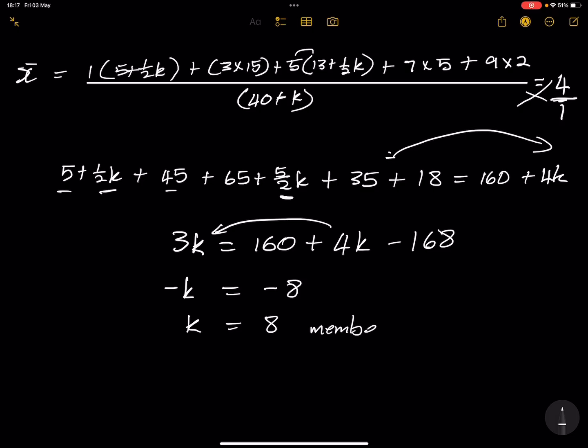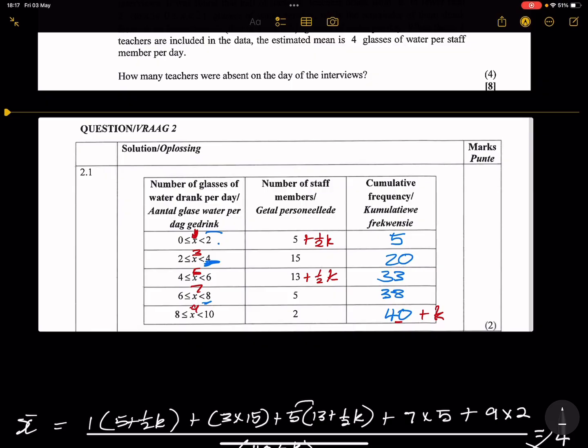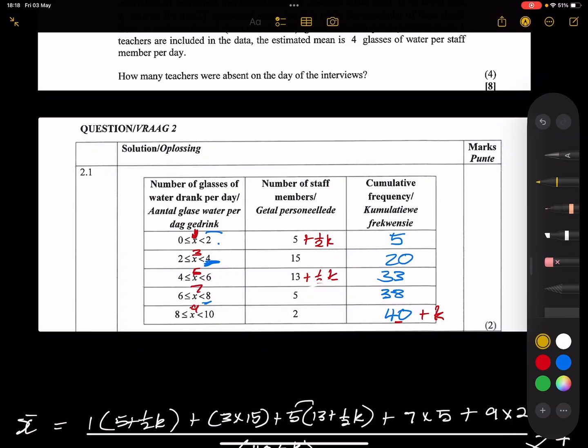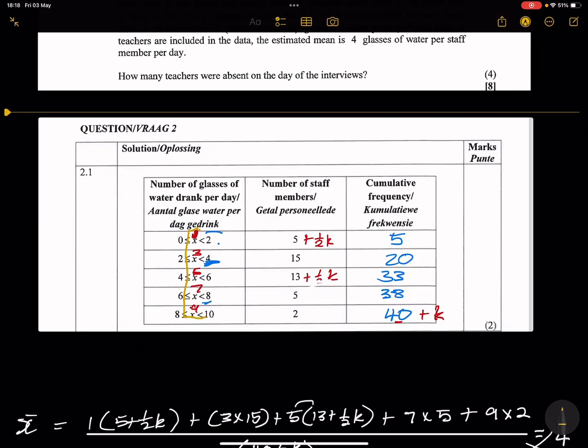And there we go, ladies and gents. So for you to keep in mind, every time that we want to calculate the estimated mean, you'll always take the midpoint between your class values, and then you multiply the midpoint by your data, whatever data you've got there, and you take the sum of that and divide it by the total number.